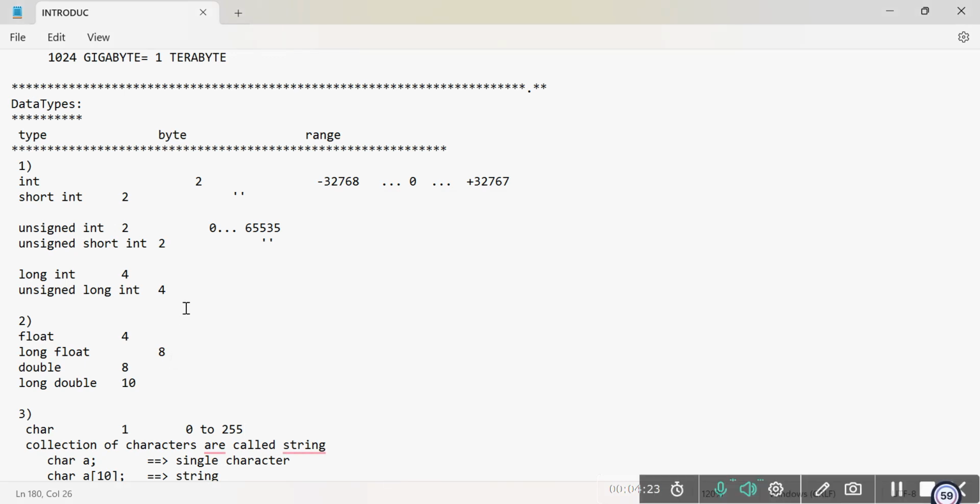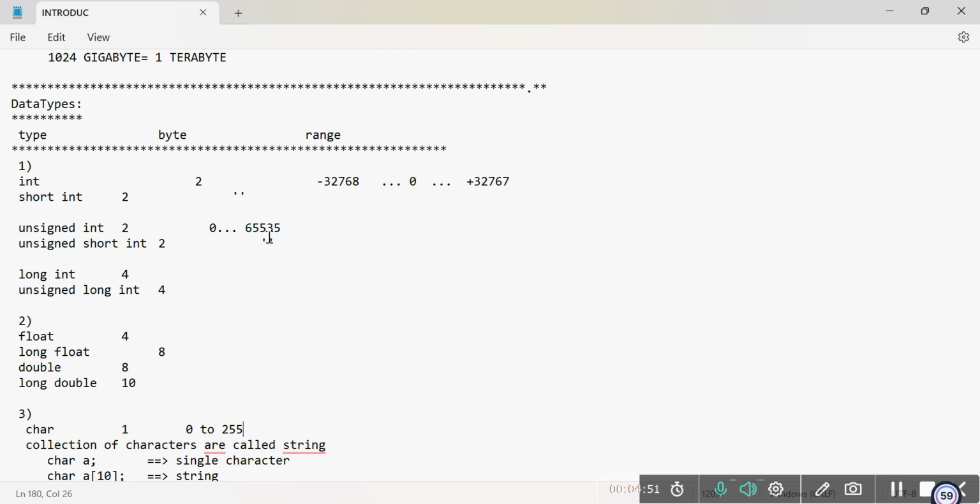But now you have a question. I told 65,535, but the integer range is minus 32,768 to plus 32,767. How is it fixed? The answer is that int belongs to both positive and negative numbers. Unsigned int only belongs to positive numbers. So if you declare a variable as int, then the range is divided by 2.